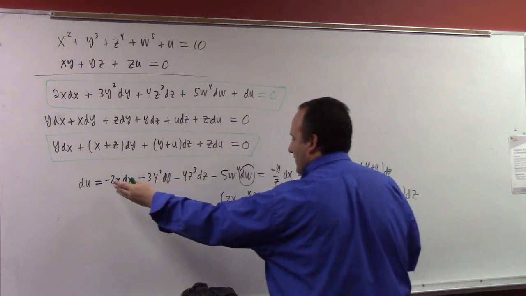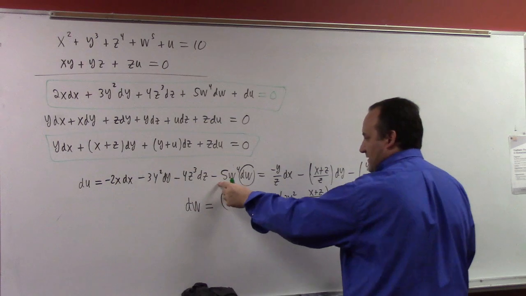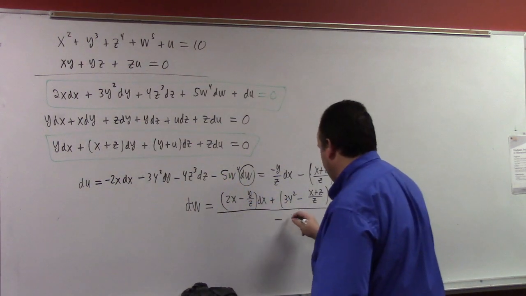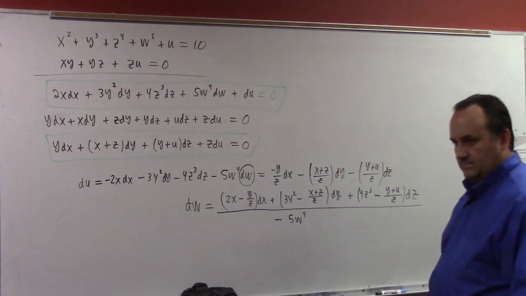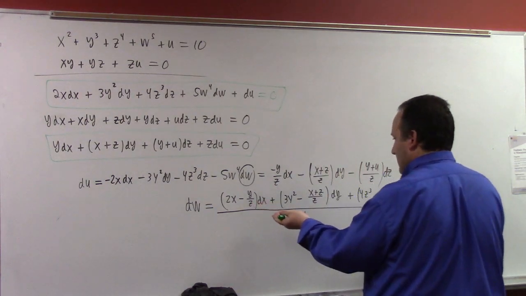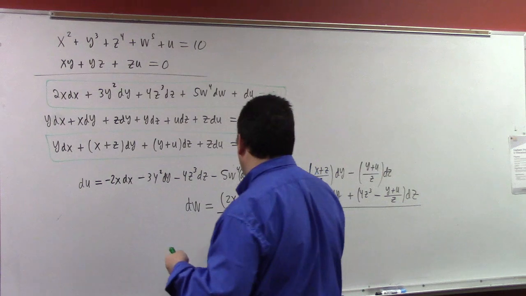So I moved everything over to the other side here. Now I've got this pesky minus 5w to the fourth, which I will simply divide by. So this is my dw equation, and of course my du equation.